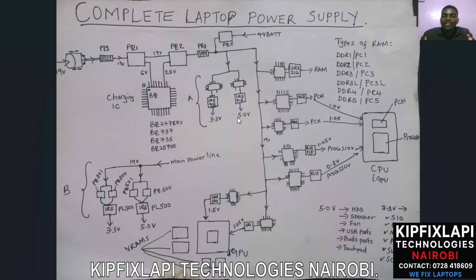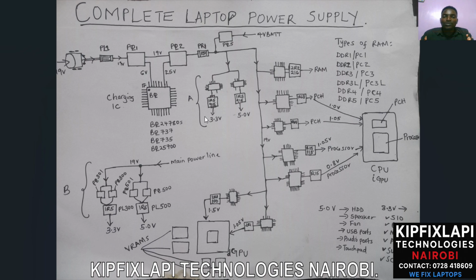Without either of these voltages, your laptop cannot power on. In case you're missing maybe 3.3 and you have 5.0, that laptop will be considered as no power. Even if you have one voltage, it still means you have no power within your laptop motherboard, and we will treat that as a no power issue.